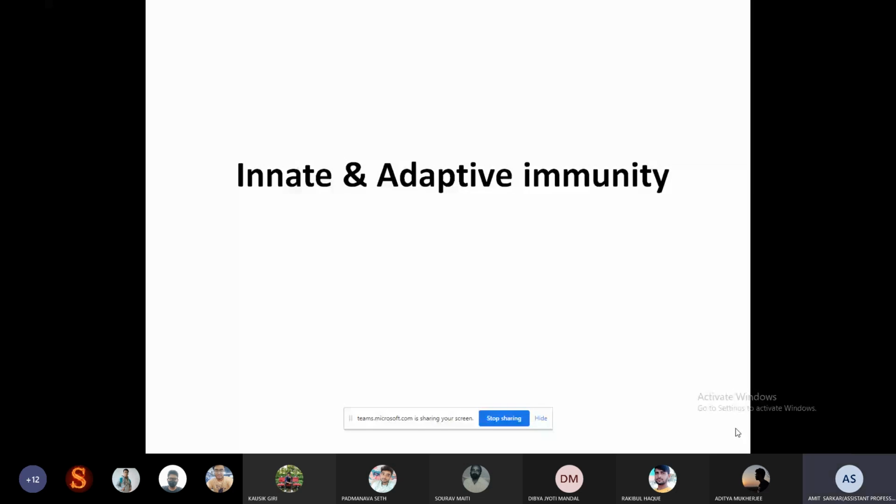On the other hand, adaptive immunity, or any adaptive quality, means what we acquire in our lifetime to adapt ourselves to the changing environment. For example, some of you here came from Bengali medium, and some of you maybe are convent educated. A person going to a convent school sees that everybody is speaking in English.